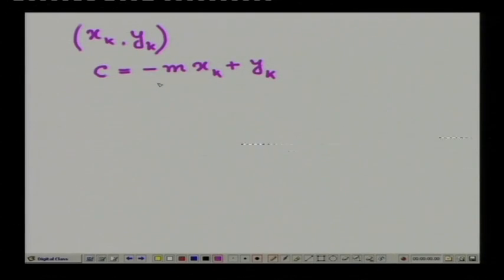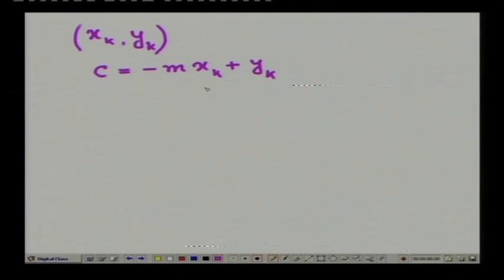So, we allow the value of M to take all allowed values as specified in our accumulator cell, ranging from M minimum to M maximum. And for each of these values of M, we solve for the corresponding value of C, following the equation C equal to minus M x_k plus y_k.